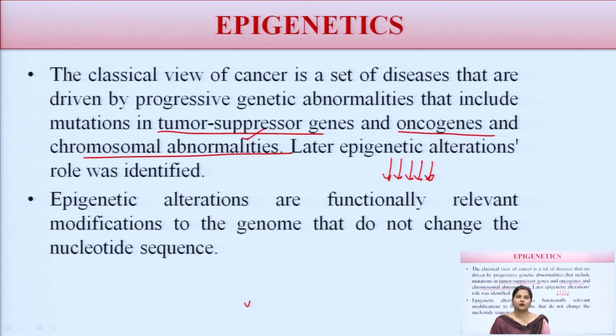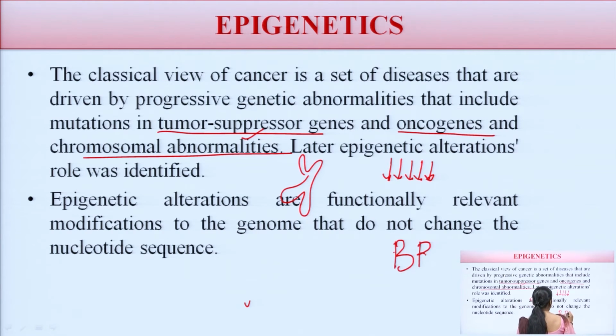Second is oncogenes or the chromosomal abnormalities. Chromosomal abnormalities means there are genetic conditions where the chromosomes get affected, right. The genes, just like in the previous lecture I discussed, BRCA1 and BRCA2.